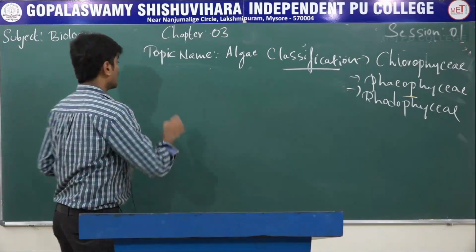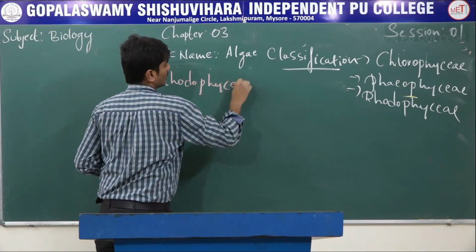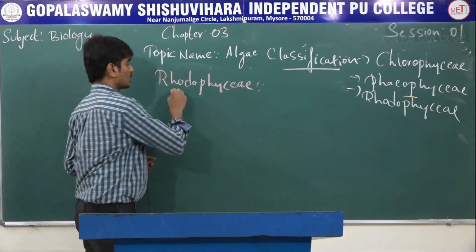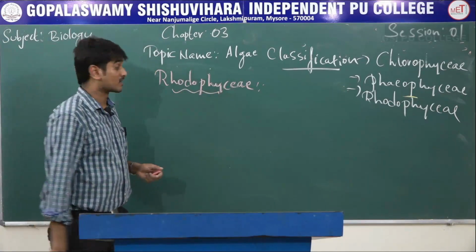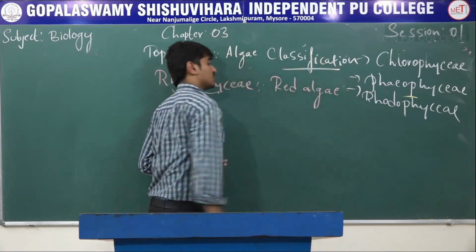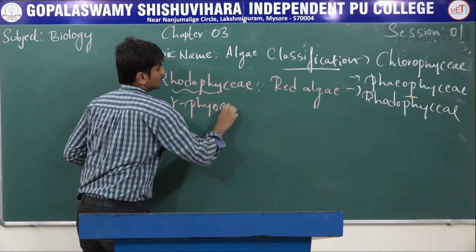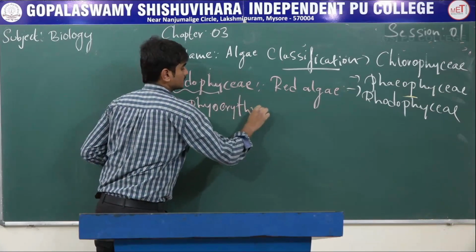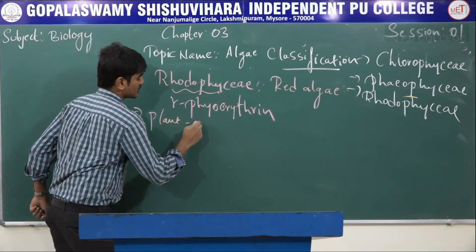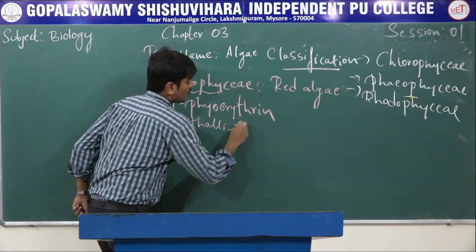The last class is Rhodophyceae, commonly called red algae, because of the presence of the pigment phycoerythrin. The plant body is multicellular in nature, which means the thallus is multicellular.